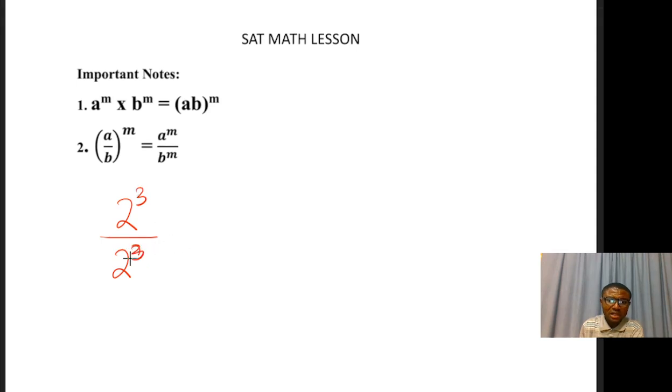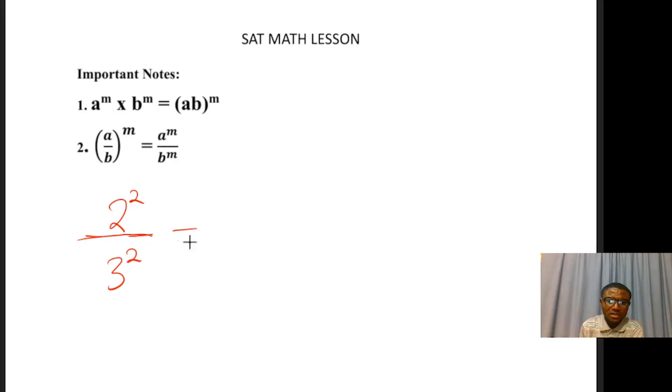Okay, they have common powers, so you have 2 to the power of 2 divided by 3 to the power of 2.